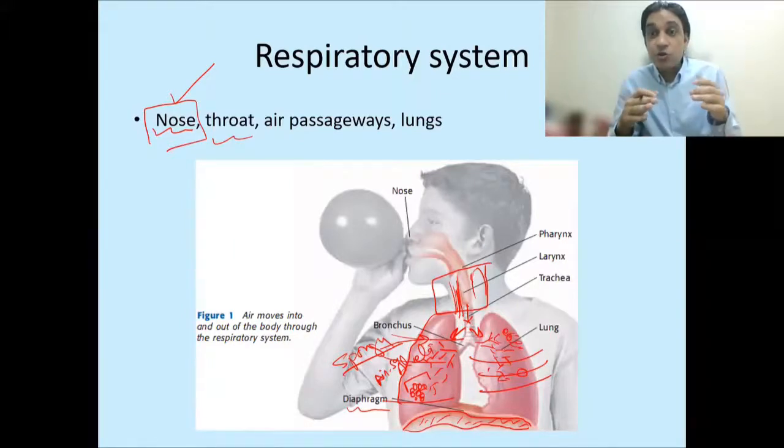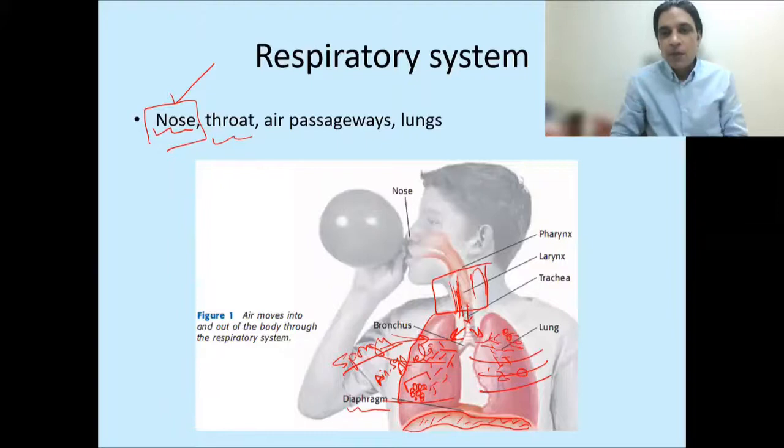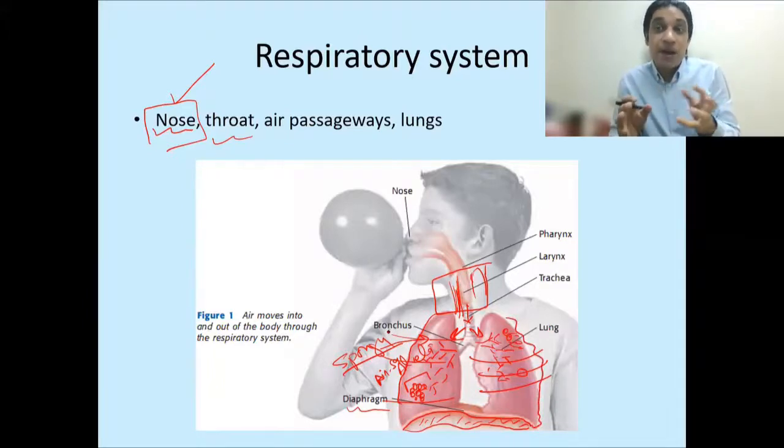And I just introduced that the lungs are made up of small vessels, as well as millions of air sacs. There is also a membrane present over the lungs, and that is called pleura. And also there is a fluid between that membrane and the lungs. It helps the lungs protect themselves from external injuries.